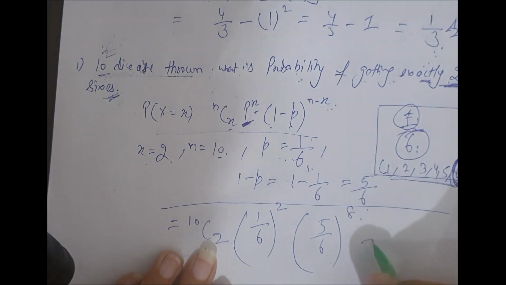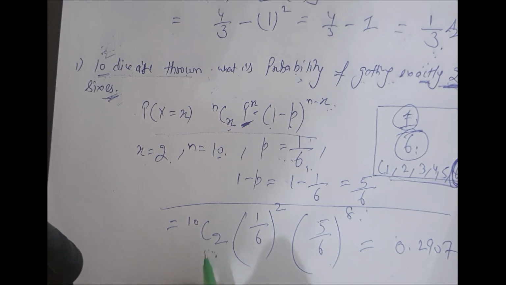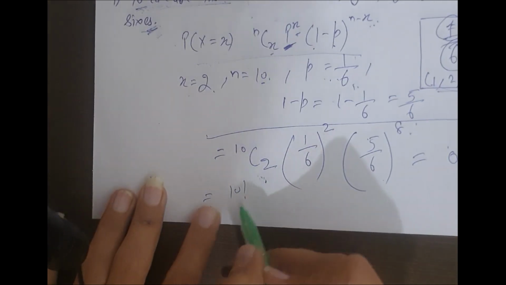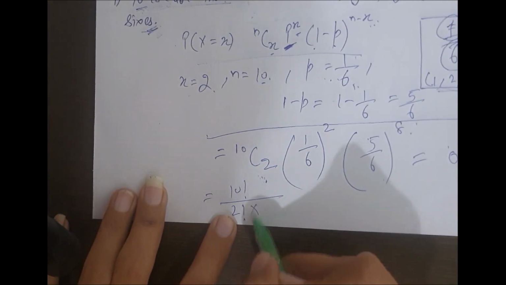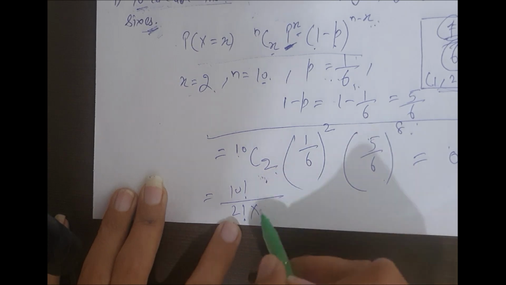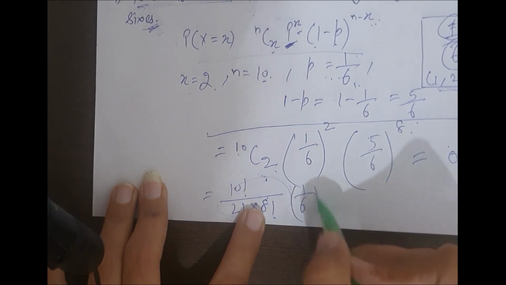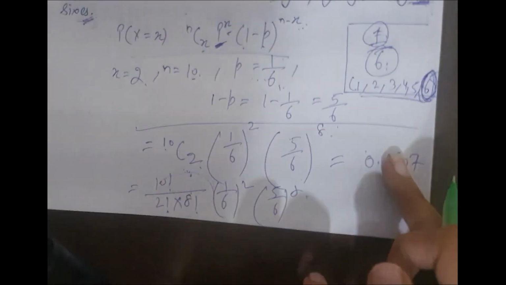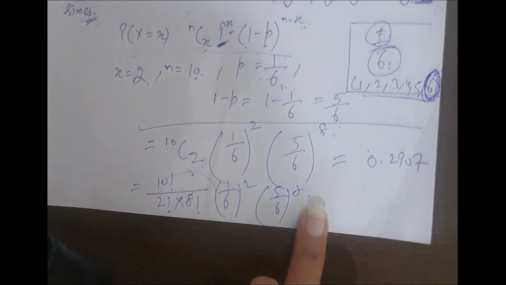Solve it and you will get the answer. I told you how to solve combinations in my permutation and combination video. Once again, it is 10 factorial over 2 factorial into 10 minus 2, that is 8 factorial. Solve it yourself.